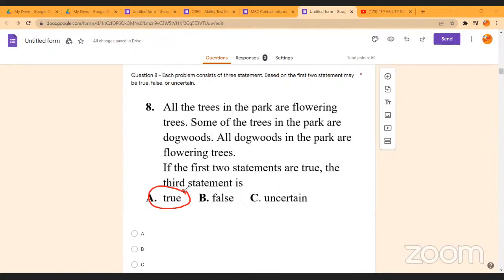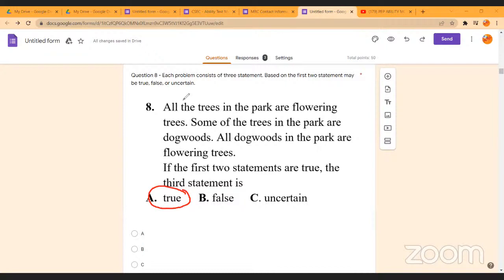Flower. Good. Now say flowering. Like you're saying flower ring, like flower and ring on your finger. Flowering. Absolutely amazing. Well done. All right, so read the sentence for me again. All the trees in the park are flowering trees.